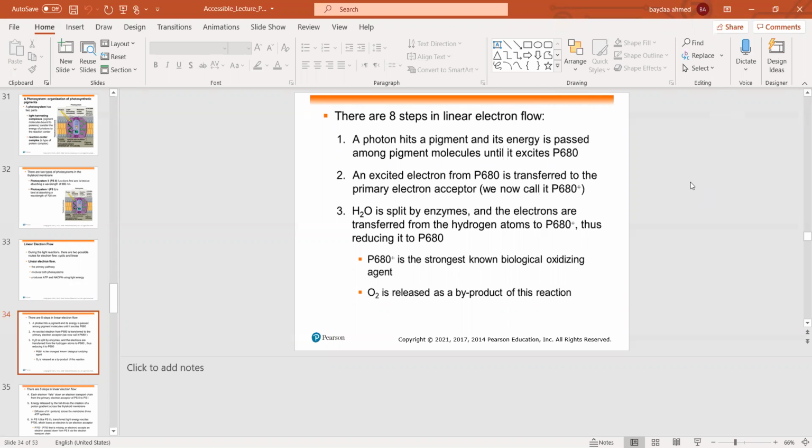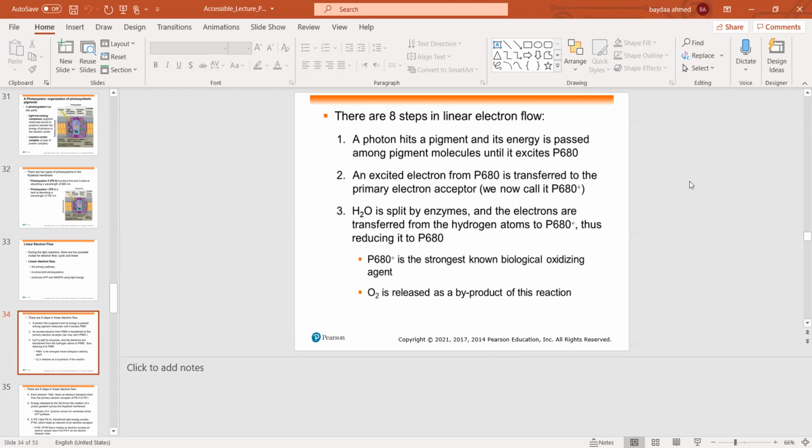As this electron falls back to its ground state, an electron in a nearby pigment molecule is simultaneously raised to an excited state. The process continues with the energy being relayed to other pigment molecules until it reaches the P680 pair of chlorophyll a molecules in the photosystem 2 reaction center complex.